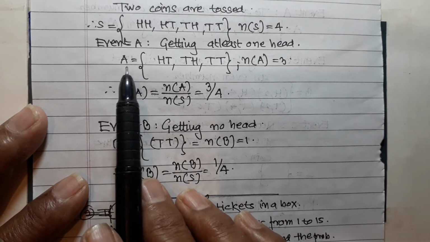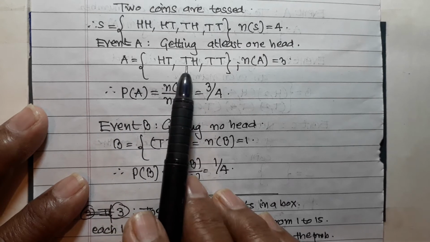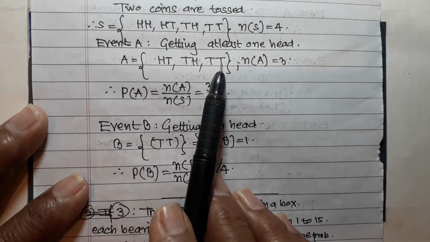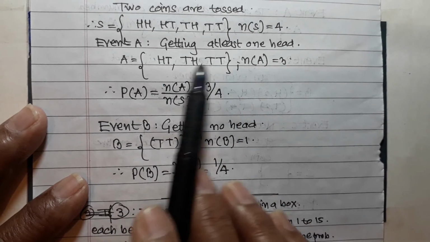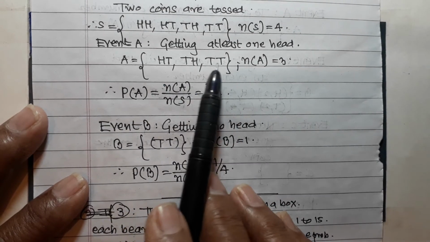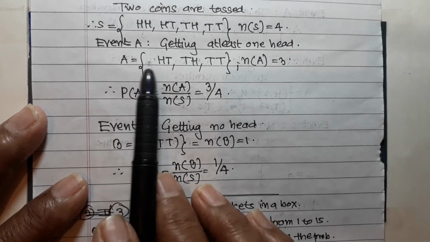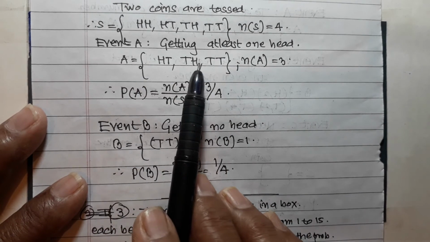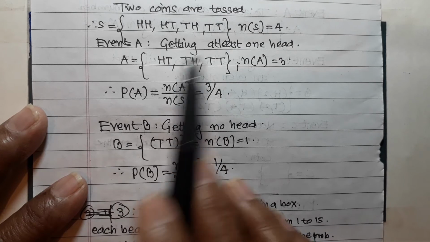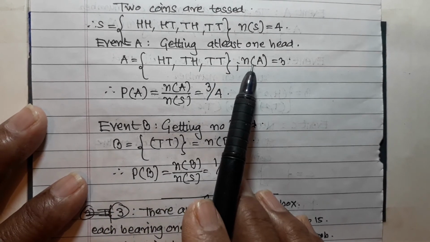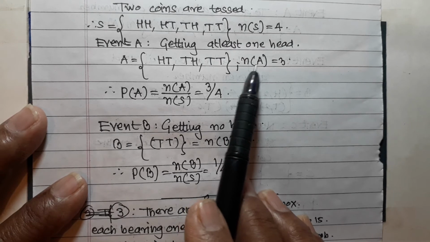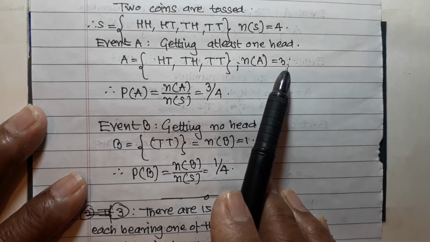A is equal to {HH, HT, TH}. So at least one head means no head will not do. Therefore HH, HT and TH, in all favorable outcomes are 3, and therefore n(A) is equal to 3.